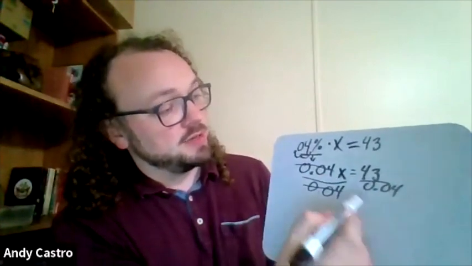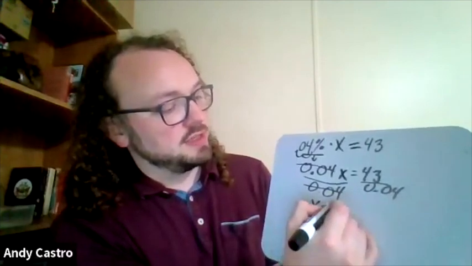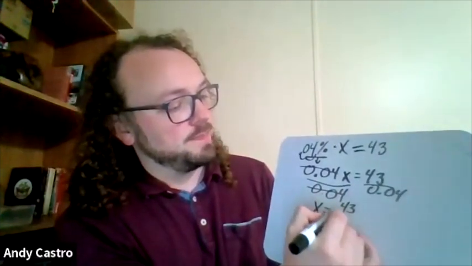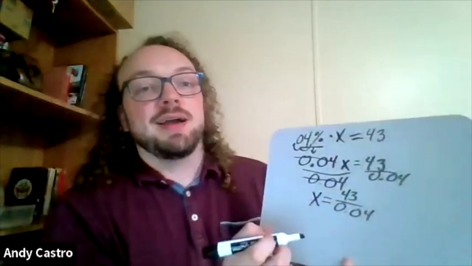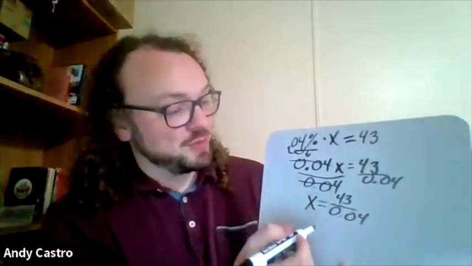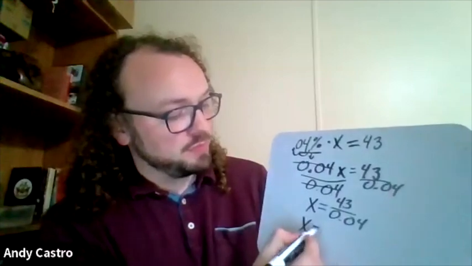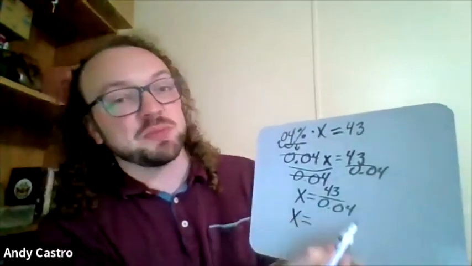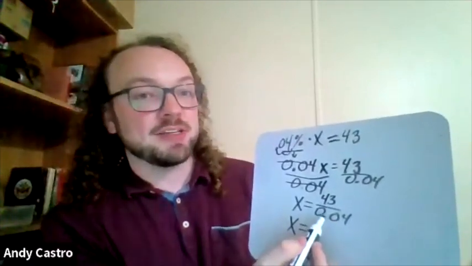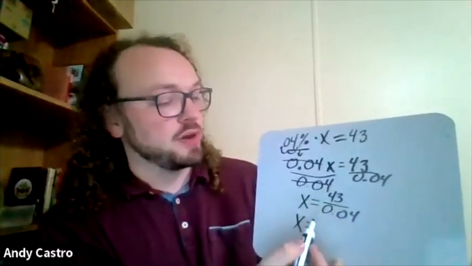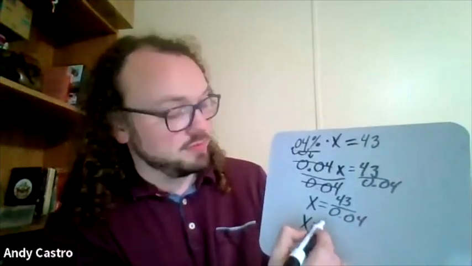These cancel out. I have x equals 43 divided by 0.04, and then I ask my calculator to do this work for me. But because this number is smaller than 1, this is a decimal, I'm expecting my answer to be bigger than 43. And actually, it's much bigger.